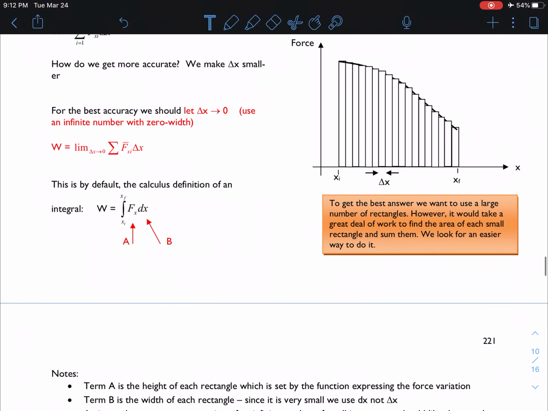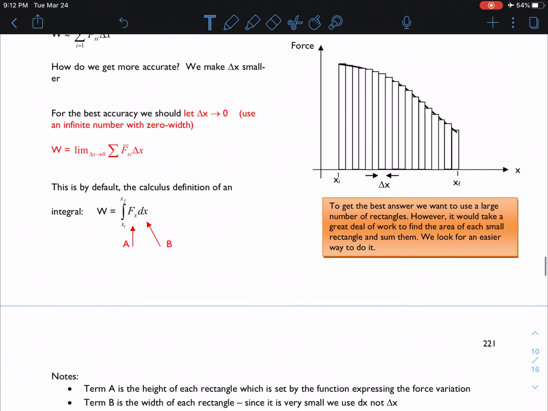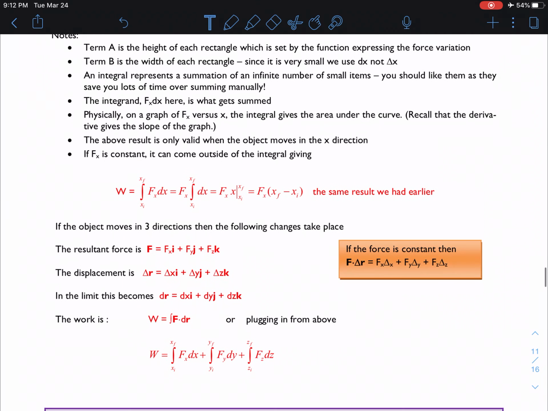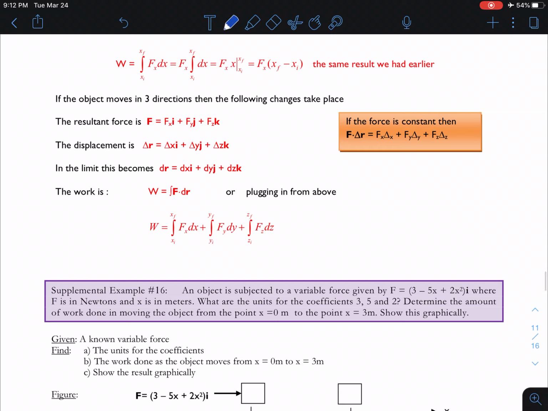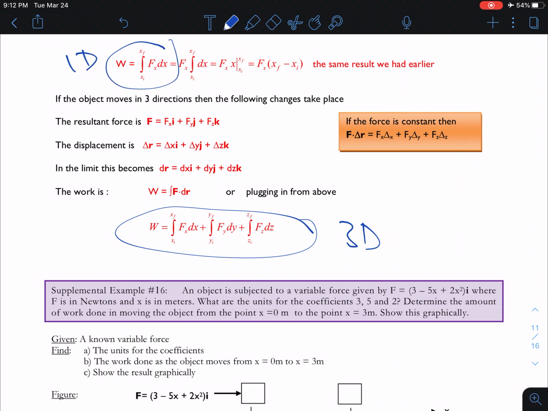So what we said is that eventually delta goes to differential. We need to add up the contributions over very small distances. That's what we did, and we ended up with this three-dimensional case. This one here was the 1D, and then we generalized it to 3 dimensions in this form.